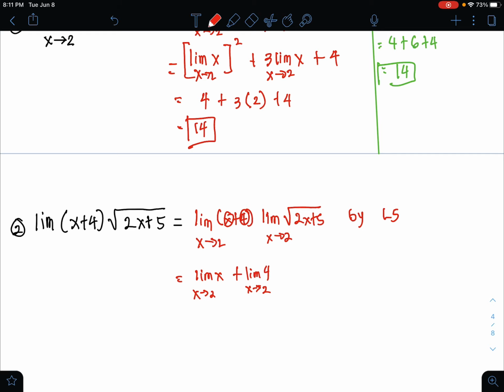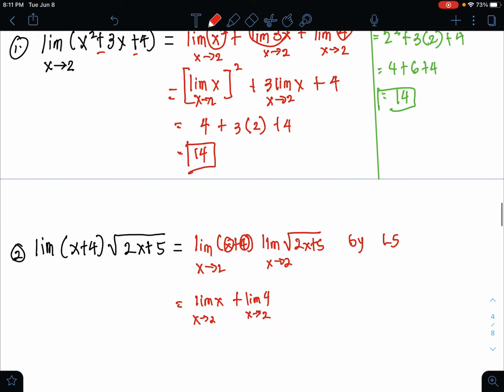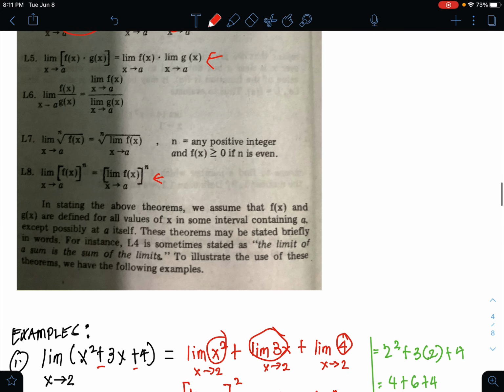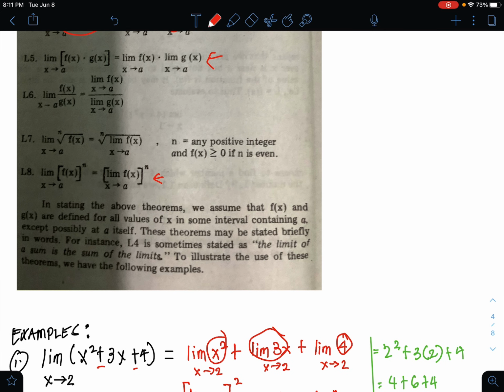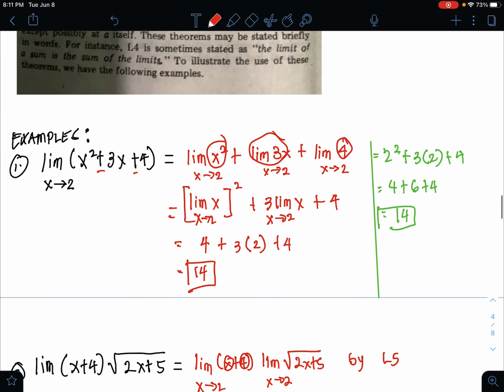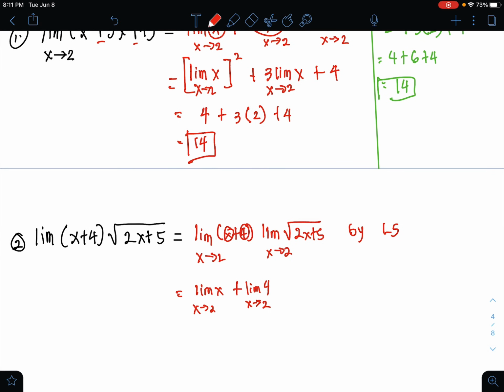L1, L4. And then this nice square root, look for the square root theorem. I think that's theorem 7. L7. So, by L7, we can rewrite this as the square root of the limit of 2x plus 5. Then this as well as x approaches 2.